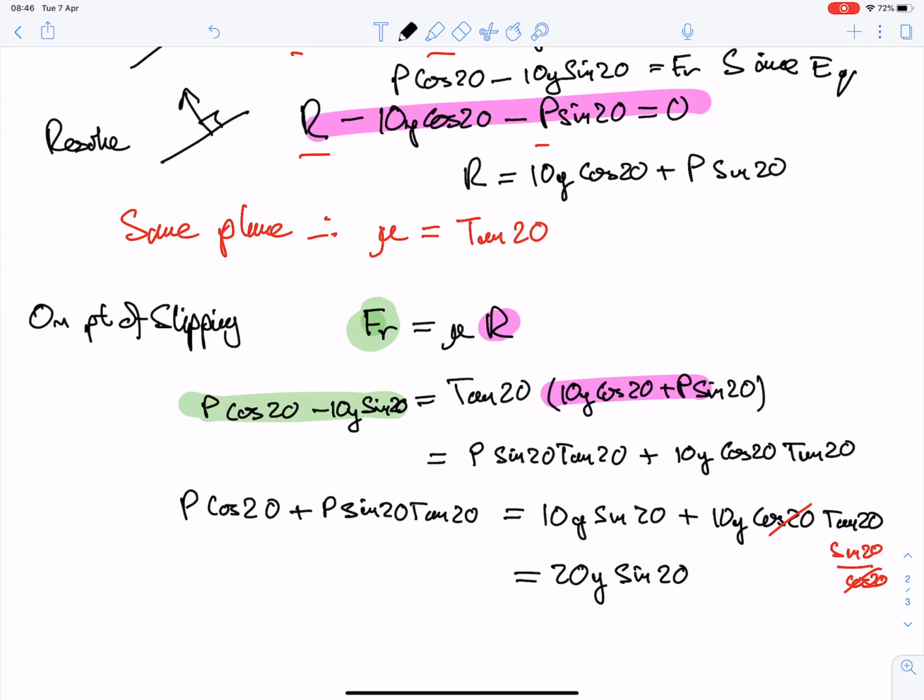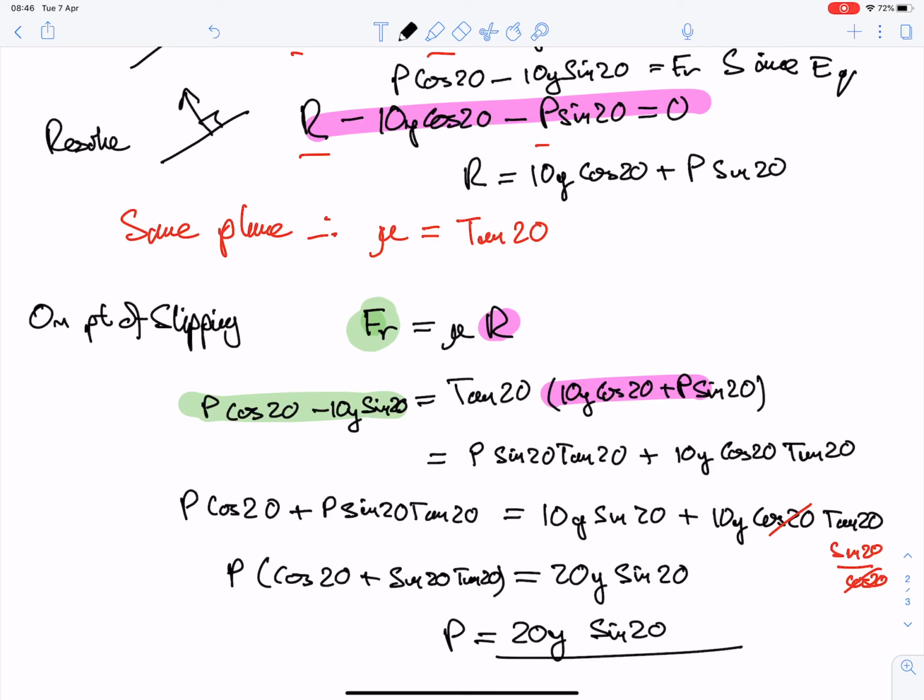And here we've got P cos 20 plus sine 20 tan of 20. So P equals 20g sine of 20 over cos of 20 plus sine 20 tan of 20.